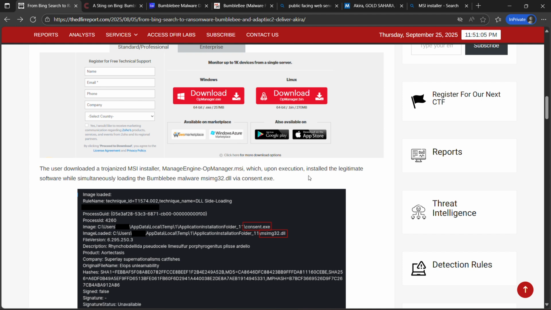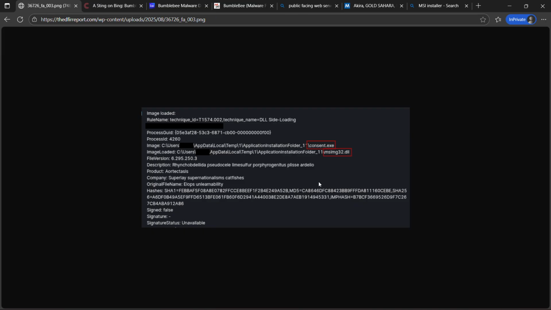Hmm. Oh, it did install. So ManageEngine OpManager.msi, which upon execution installed the legitimate software while simultaneously loading the Bumblebee malware MSIMG32.dll. So this is the code because it's a DLL, right? DLL's code.